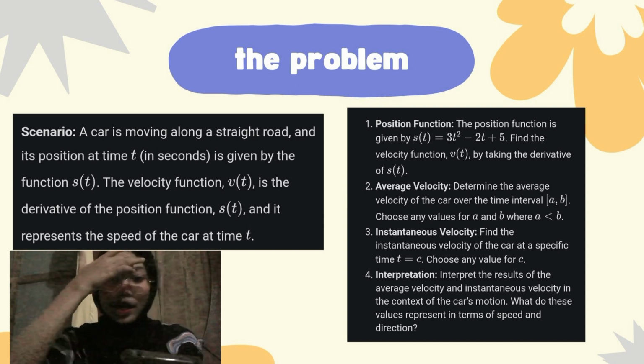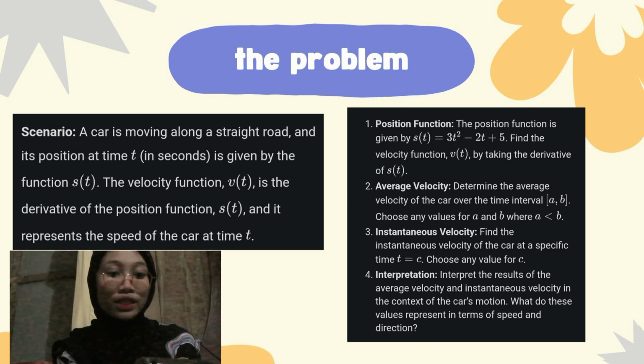2. Average velocity. Determine the average velocity of the car over the time interval a, b. Choose any values for a and b where a is less than b. 3. Instantaneous velocity.